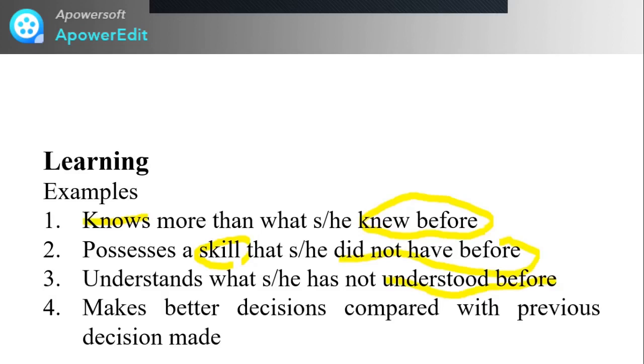Sometimes you can now understand the world better than 2 or 3 years ago. You can make better decisions compared with the previous decisions, as a result of learning. So learning is a permanent change of your knowledge, skills, and attitudes.